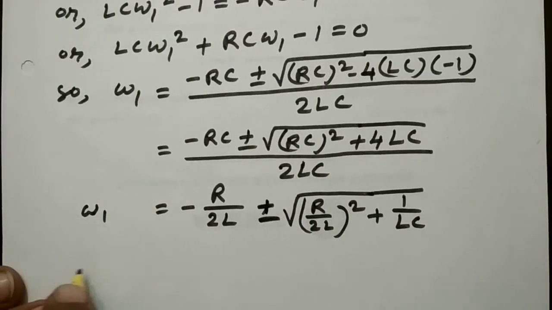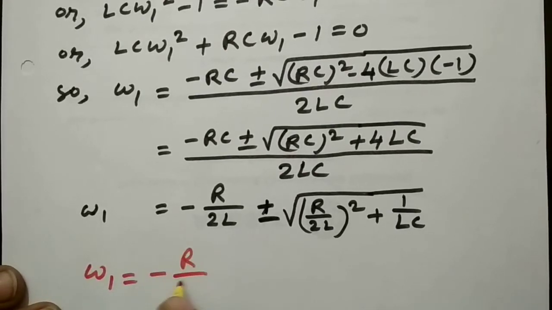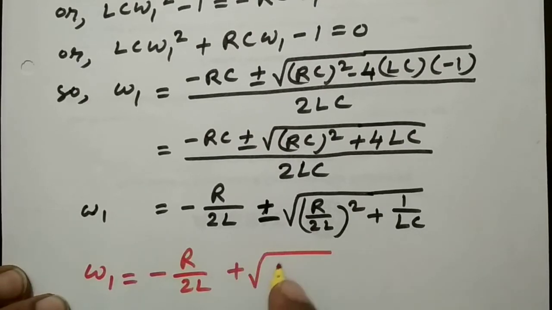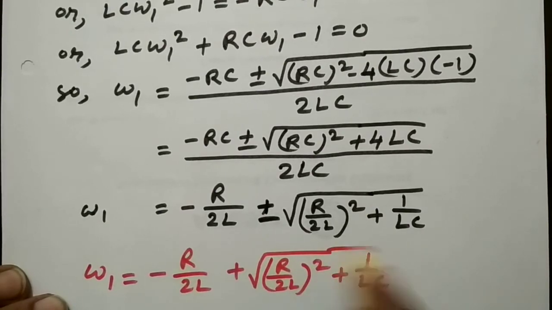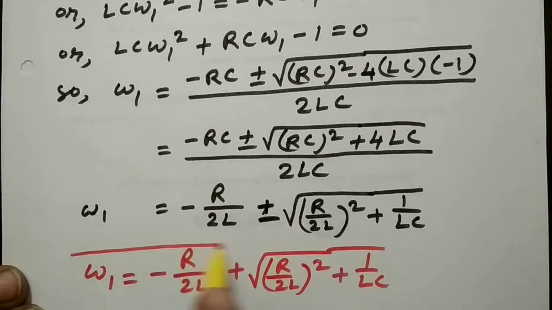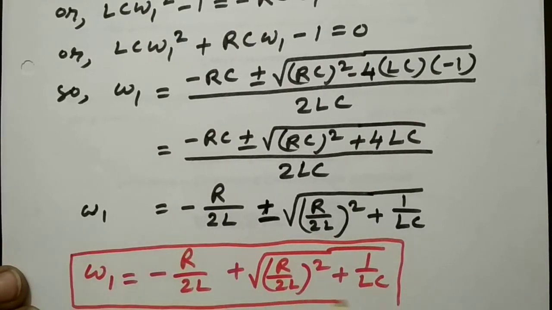So finally, the value of omega 1 is equal to minus R by 2L plus square root of R by 2L whole square plus 1 by LC. So this is the value of omega 1 that we have obtained from the relation.